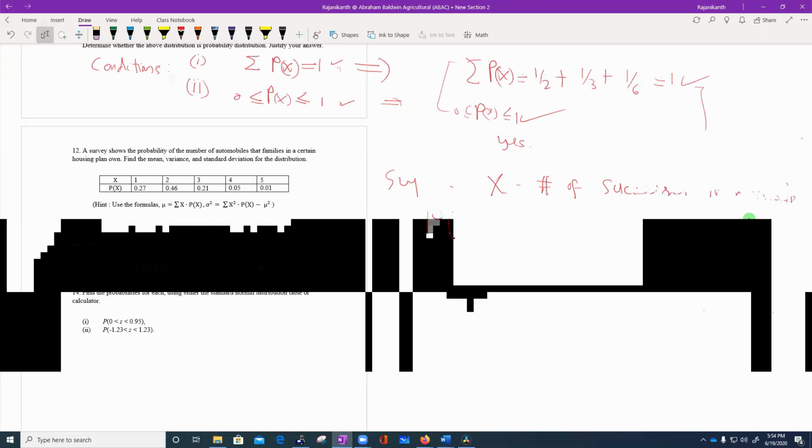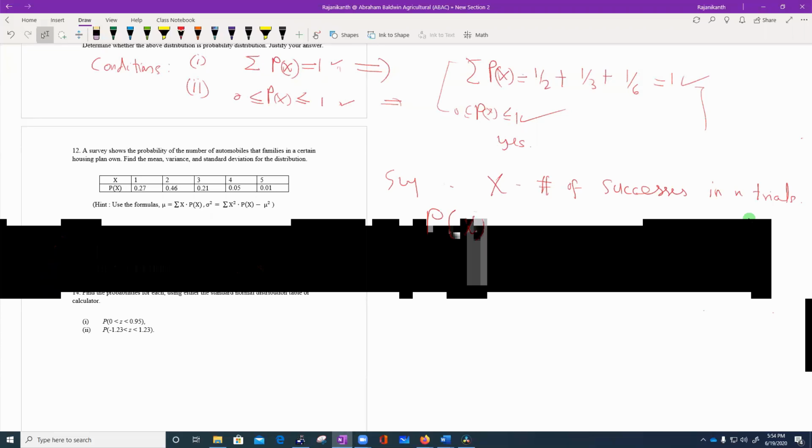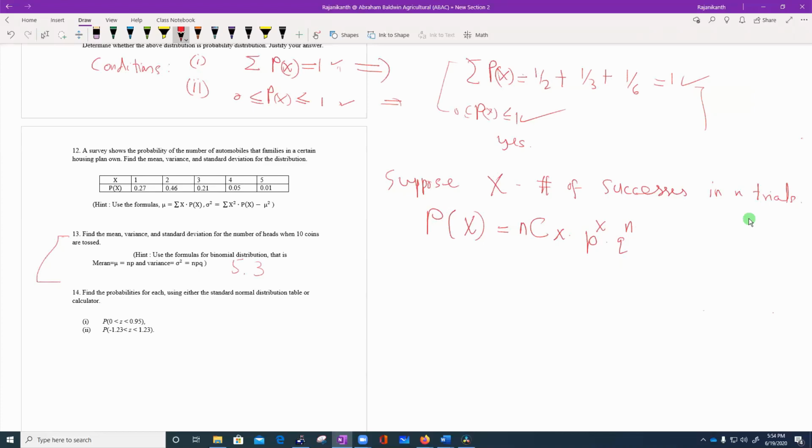Then the probability of getting that number of successes x is given by n choose x times the probability of success for a single trial to the power x times the probability of failure to the power of the total number of trials minus the number of successes you get. That means this is basically the number of failures, right? So this is the formula we are going to use if you are asked to find the probability of a number of successes in a binomial distribution, binomial experiment.